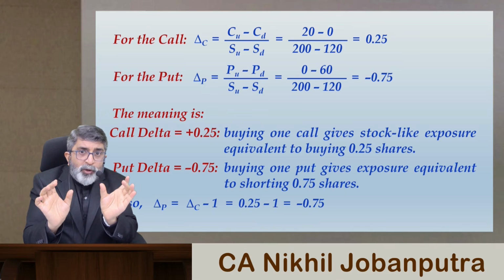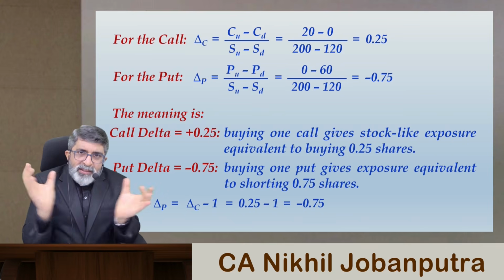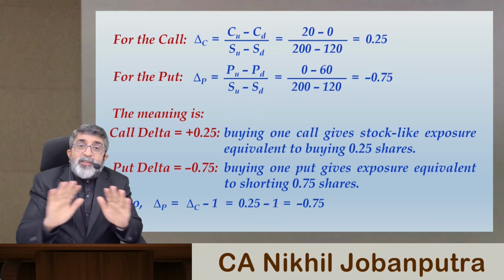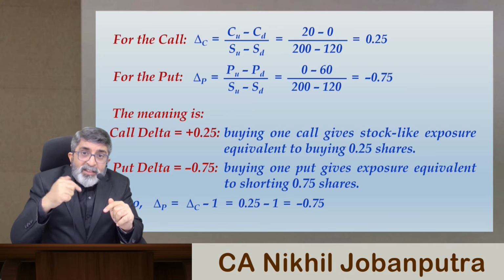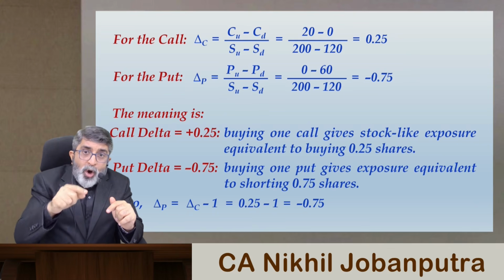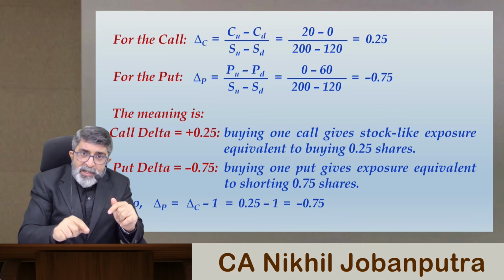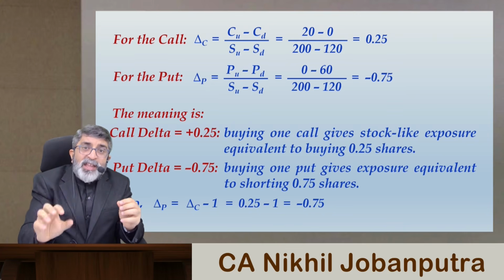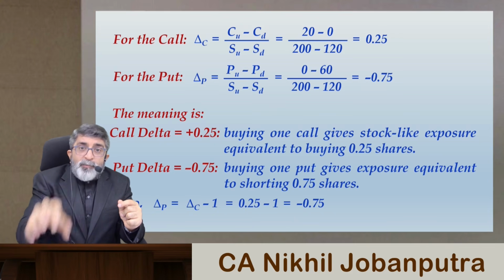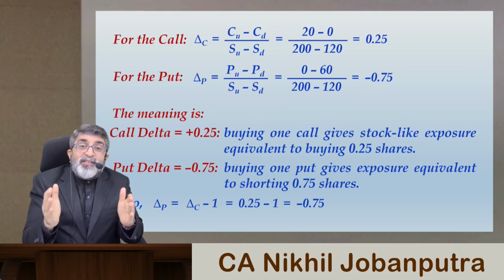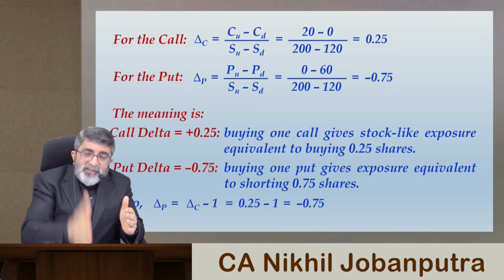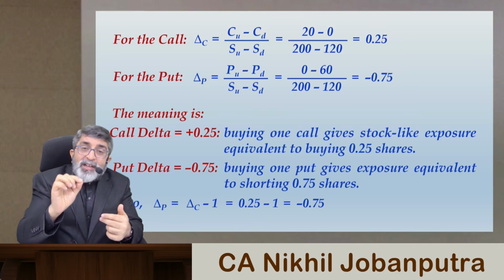That portfolio becomes risk free, because at the end of the period, whether the stock price rises to 200 or the stock price declines to 120, your portfolio will have exactly the same value. So your portfolio becomes risk free. That can be considered as the base of delta hedging.